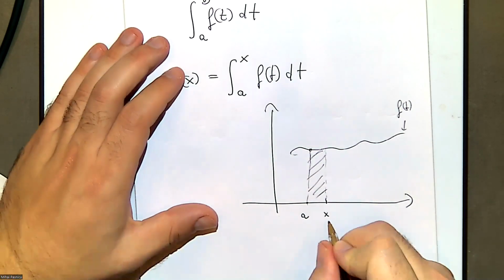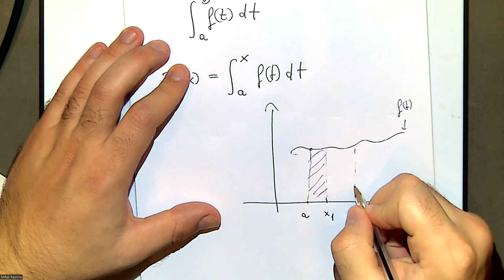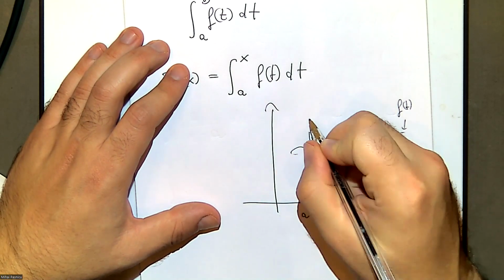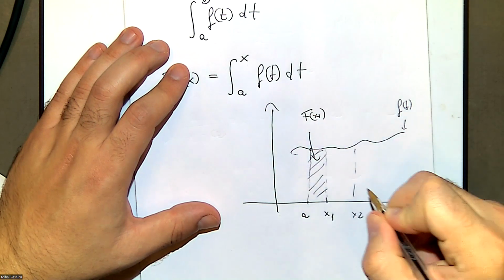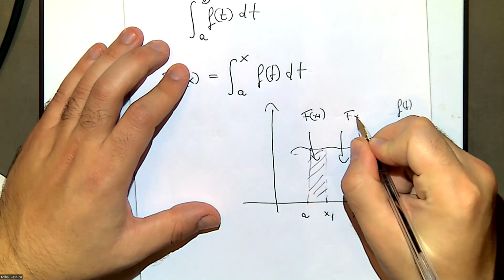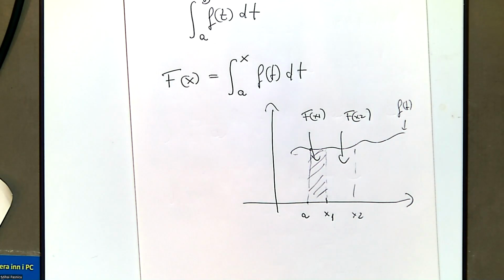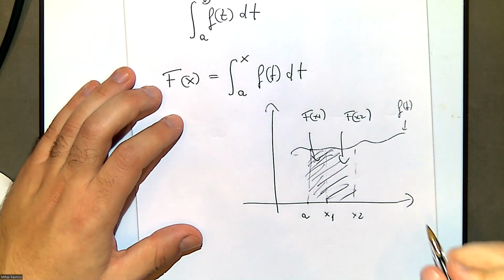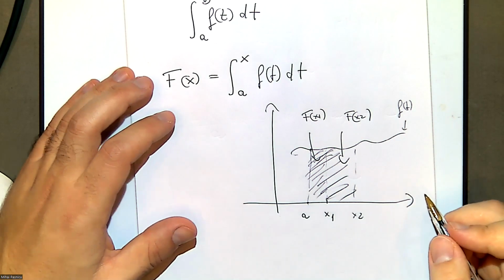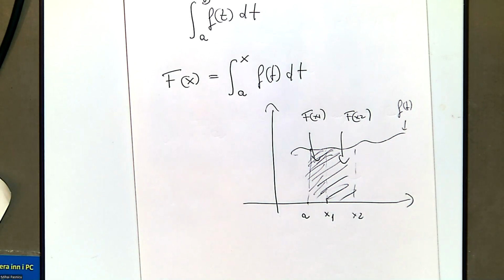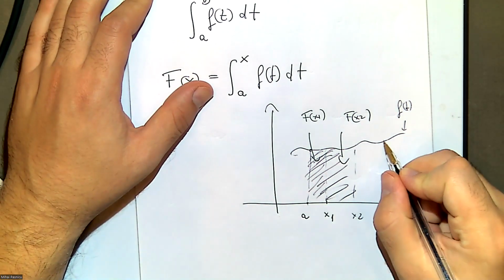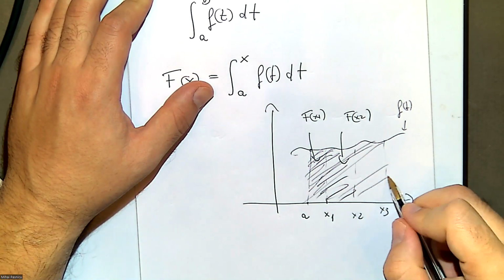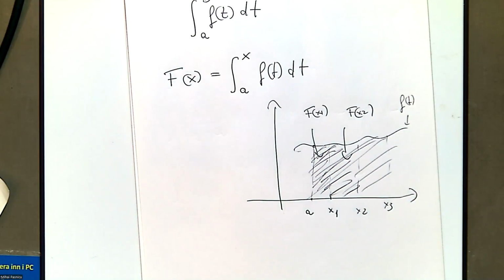So this would be x1, this is x2. This is F of x1, and all of this is F of x2. I don't have my blue pen anymore. Then if I have x3 here, all of this area is F of x3.